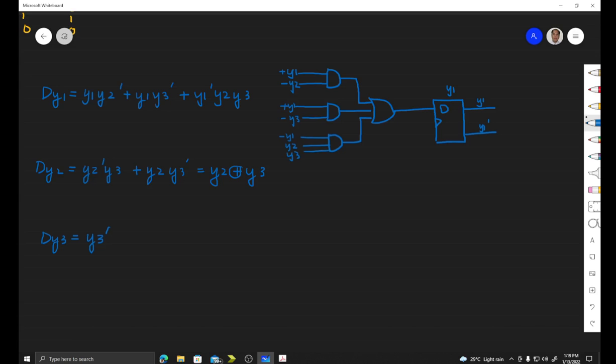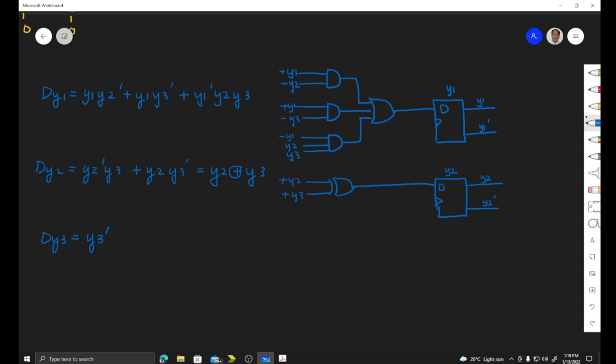Okay, then for the next D flip-flop, I have here an XOR gate. So we implement it using an XOR gate. That will be an input to our flip-flop y2, or dy2. So this is your D. This is y2. This is also your y2 and y2 NAND. So your clock. So we have input y2 plus y3.